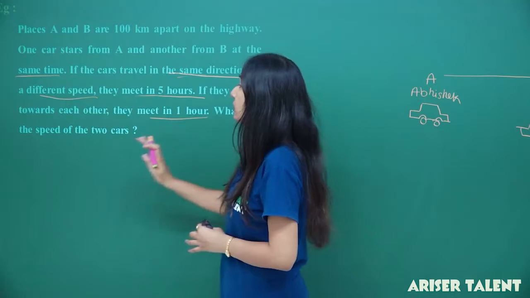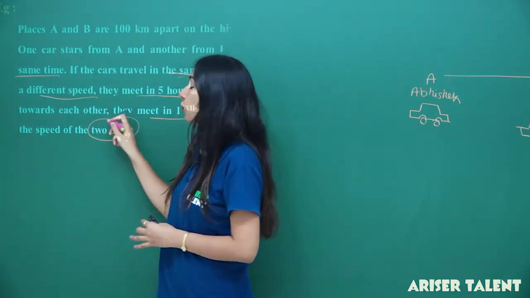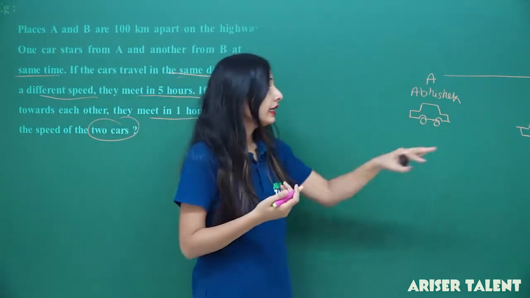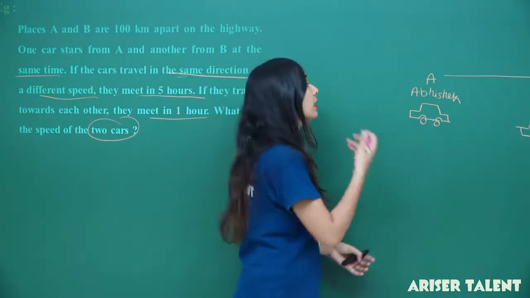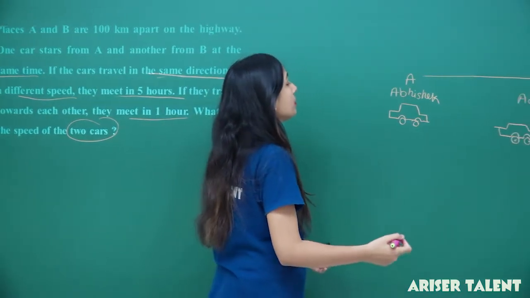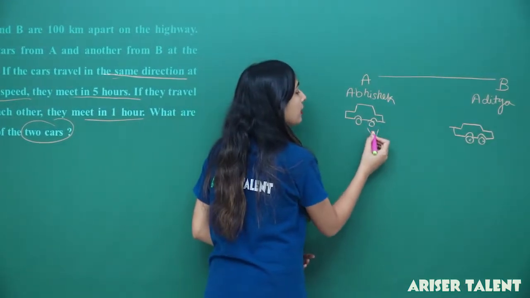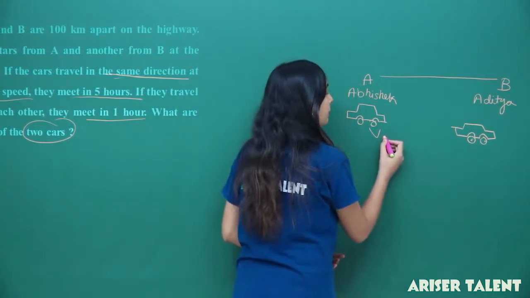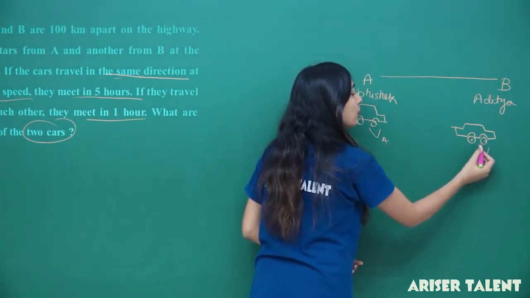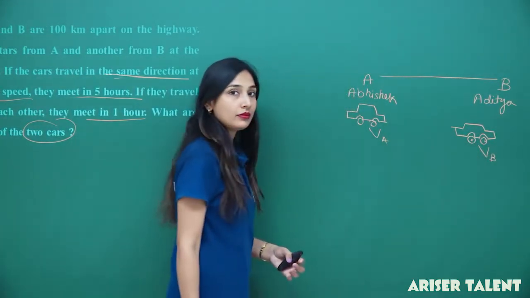Okay, what are the speeds of the two cars? What we have to find here is the speed of this car. Let's suppose the speed of this car is V1, or we can say VA, and the speed of this car is VB.